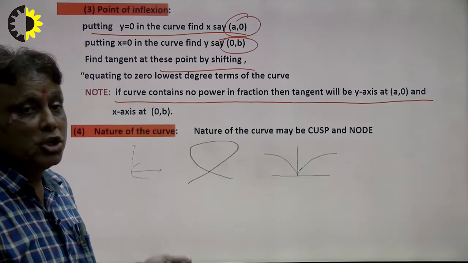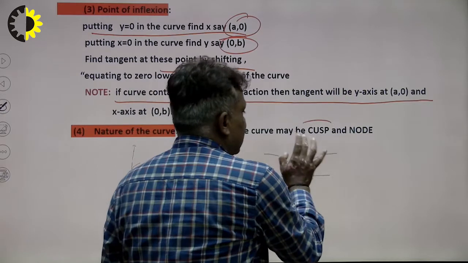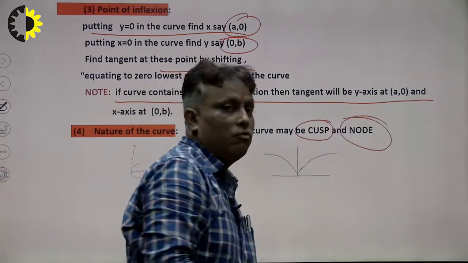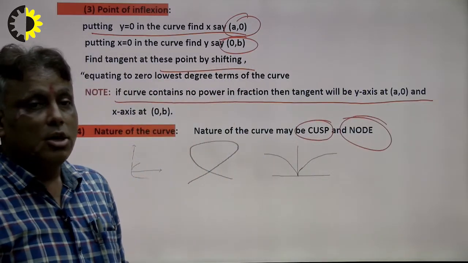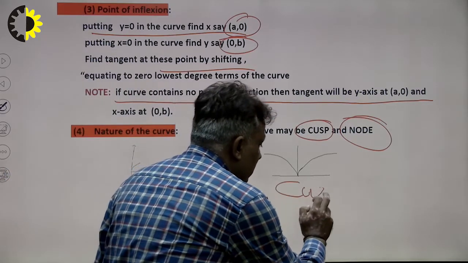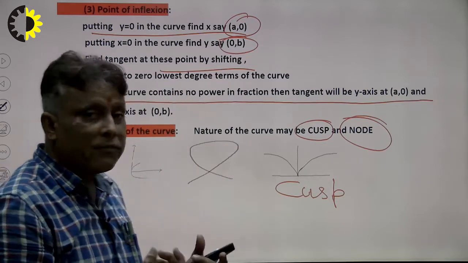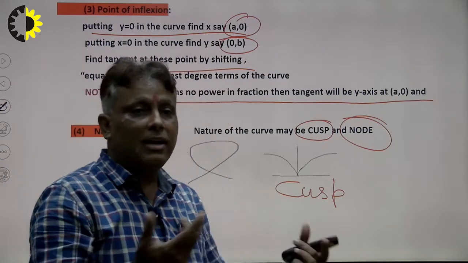Next is the nature of the curve. The nature of the curve may be a cusp, and I will explain here what a cusp is, and what a node is. This is a cusp. It will be just like a leaf of sugarcane, a leaf of any plant.